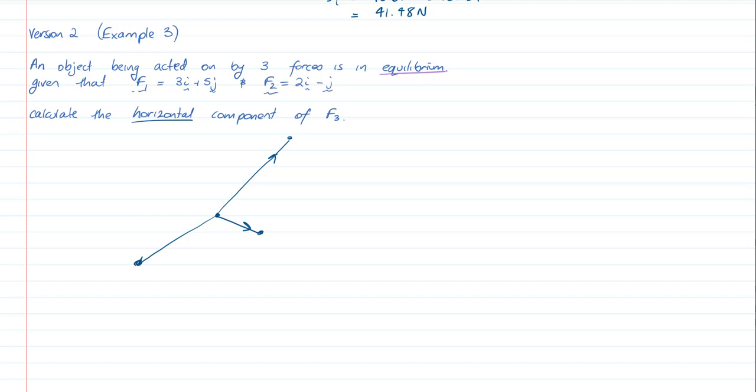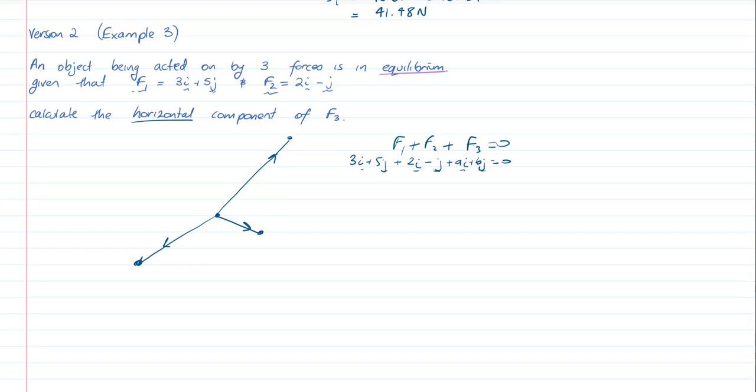So I'm expecting it about there, whatever that is. But notice here that force 1 plus force 2 plus force 3 equals 0, which means that 3i plus 5j plus 2i minus j plus, I don't know, ai plus bj equals 0.